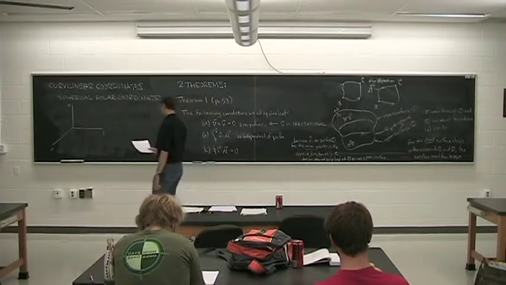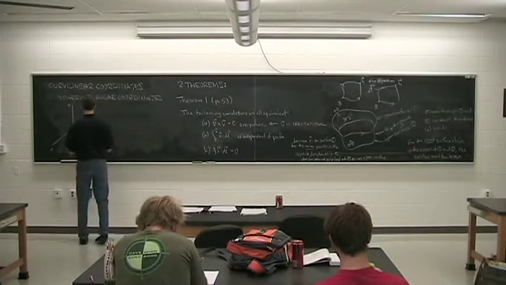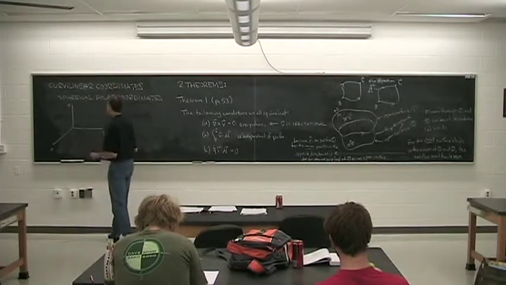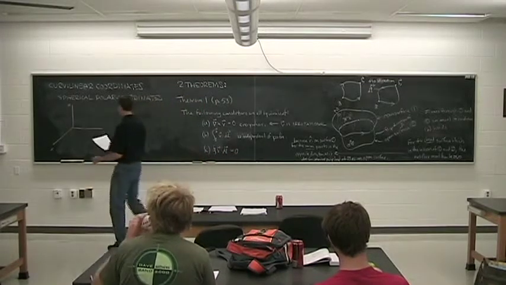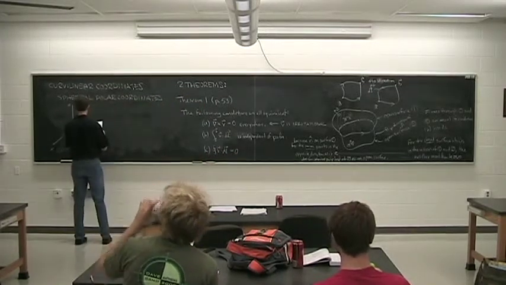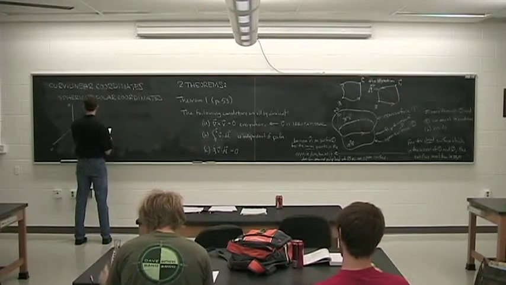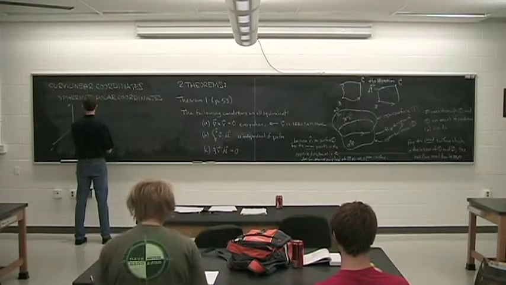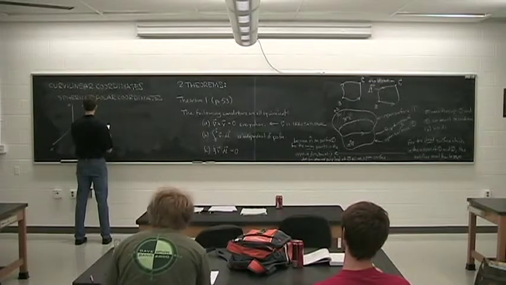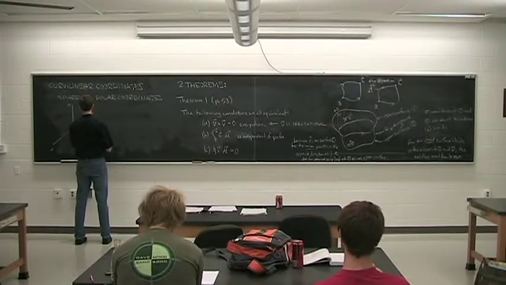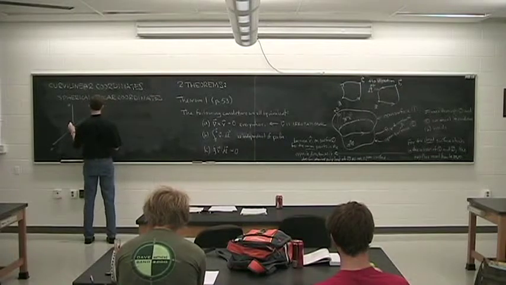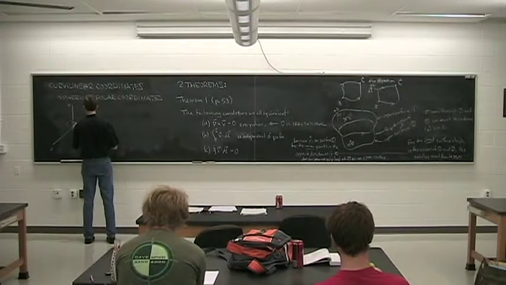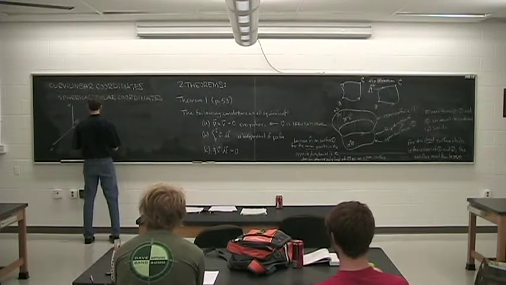Then we can say by convention that the z-axis is the polar axis. It doesn't have to be, but we typically do that. And so we've got a point in space, and instead of specifying its location by giving x, y, and z, we specify its location by giving r, theta, and phi.